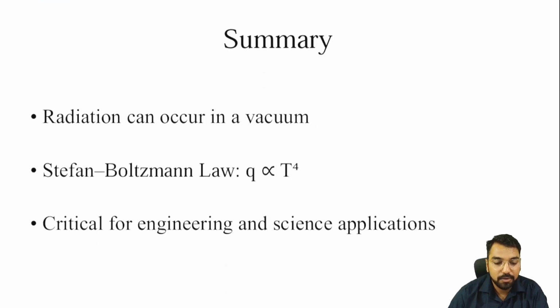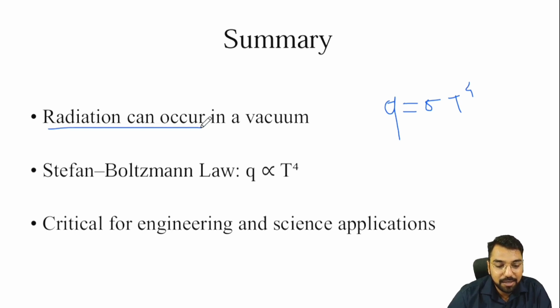So, in summary, radiation is governed by the Stefan-Boltzmann law, which mathematically is Q equals sigma times T raised to 4, where Q is the total heat transfer by radiation, sigma is the Stefan-Boltzmann constant, and T is the absolute temperature of that object.